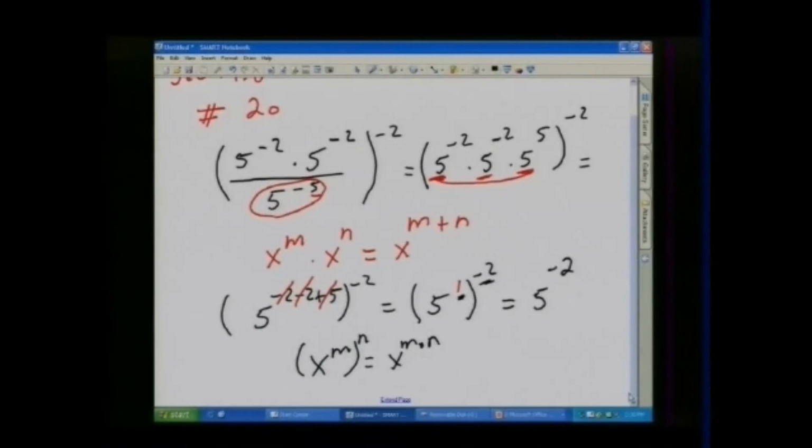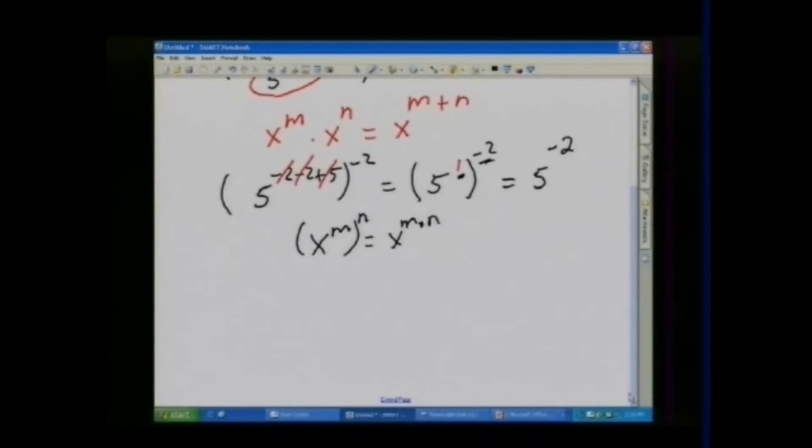That's minus 2 times 1, it would be minus 2. Now, since we normally do not like to have a negative exponent, we write that as 1 over 5 to the second, which is equal to 1 over 25. That is the final answer for this problem.